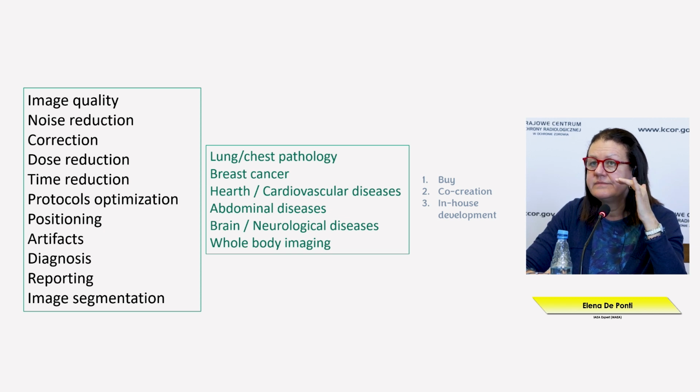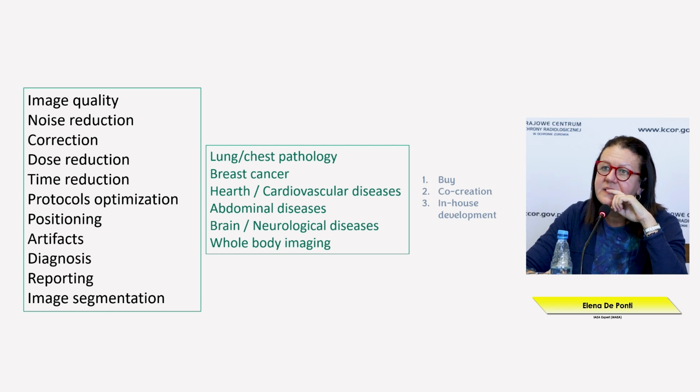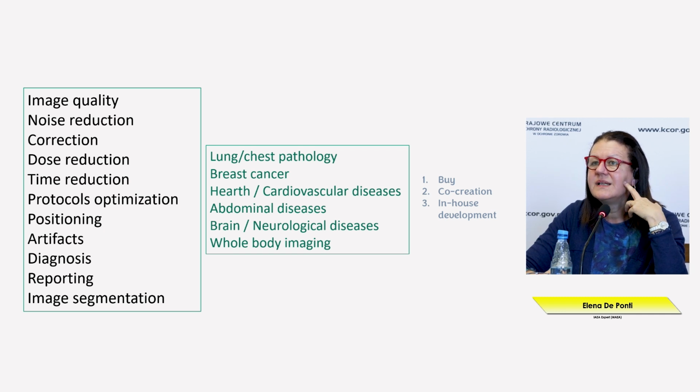And almost all the anatomical regions of the human body are included in the list of the types of study that can benefit from artificial intelligence. So lung and all the chest pathology, breast cancer, the heart and cardiovascular disease, abdominal disease, brain and neurological disease, and whole body imaging. And what can we do?